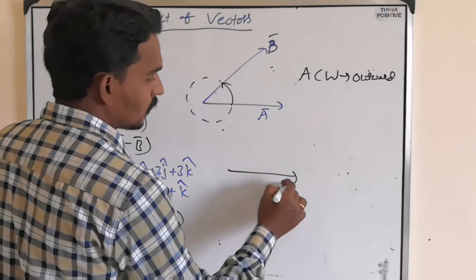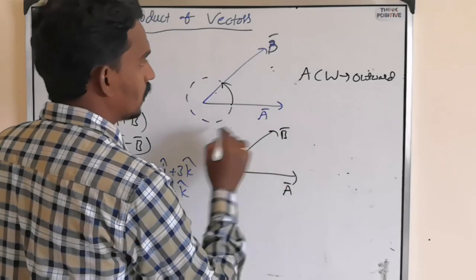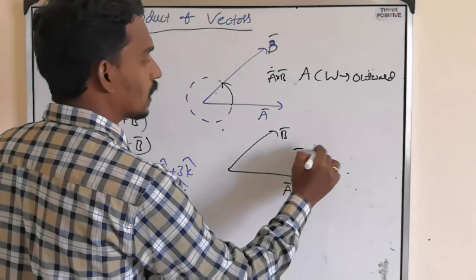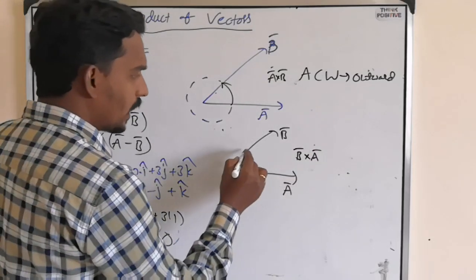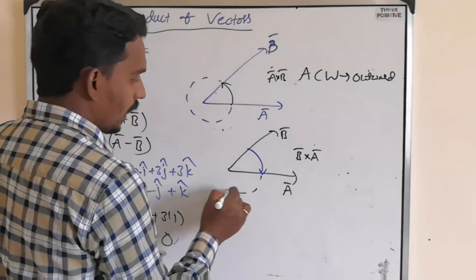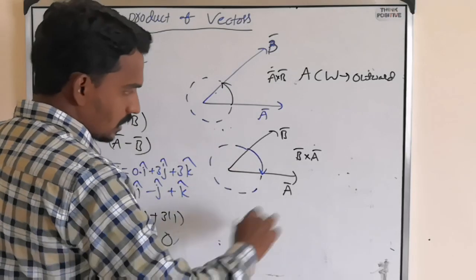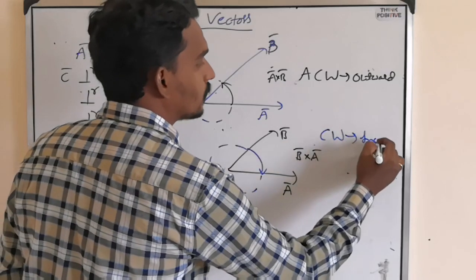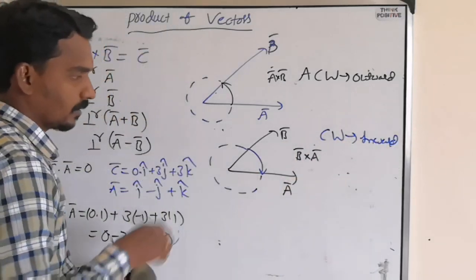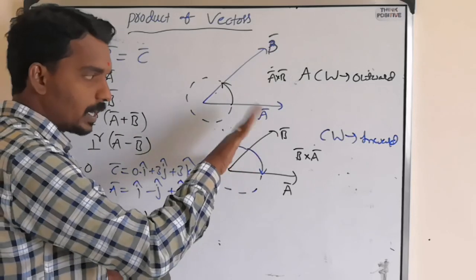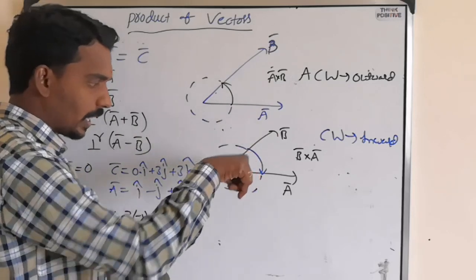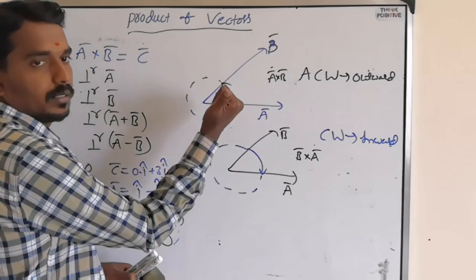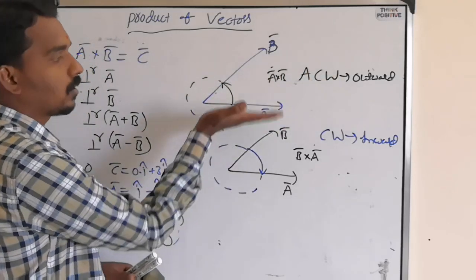Suppose this is a bar cross b bar. Suppose they are asking b bar cross a bar. Then you have to make an arrow from b to a, and if you complete the circle, this is clockwise. So clockwise means inward. Now b bar cross a bar means b to a, so inward. a bar cross b bar is outward, that is anti-clockwise.